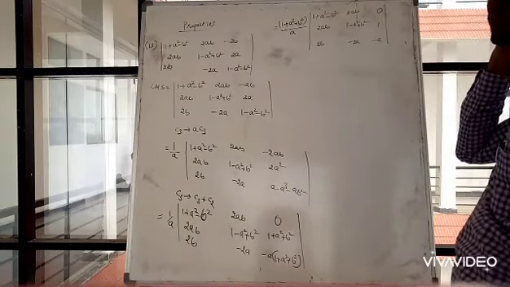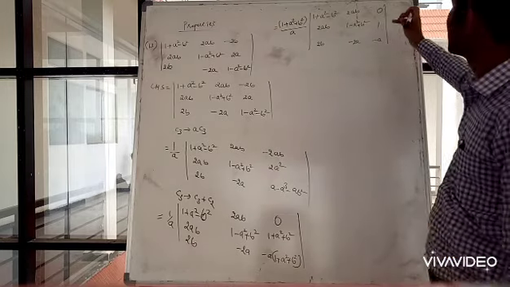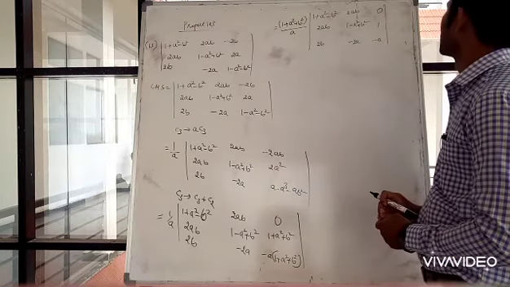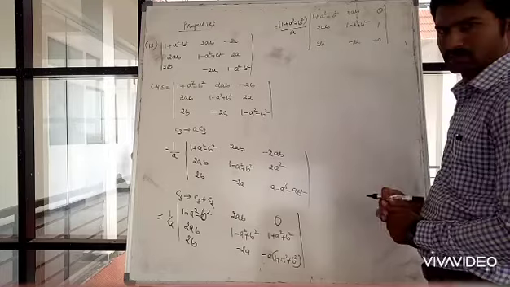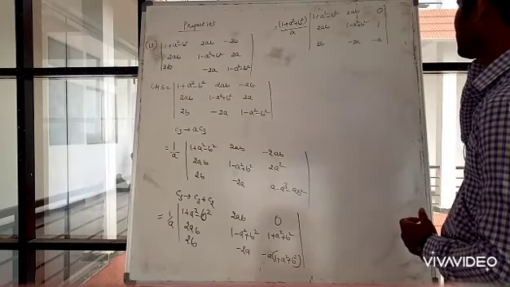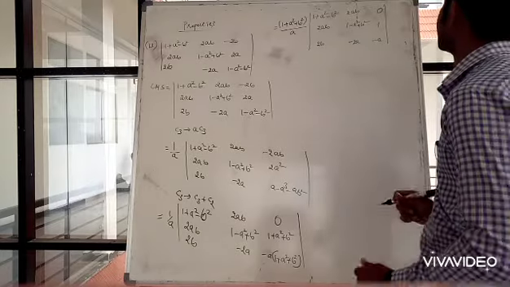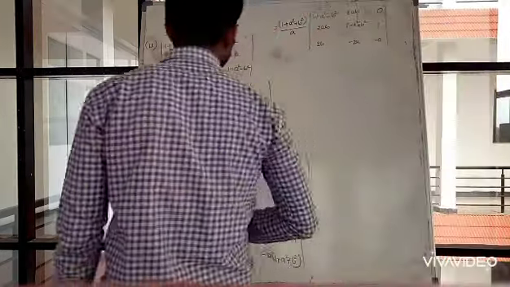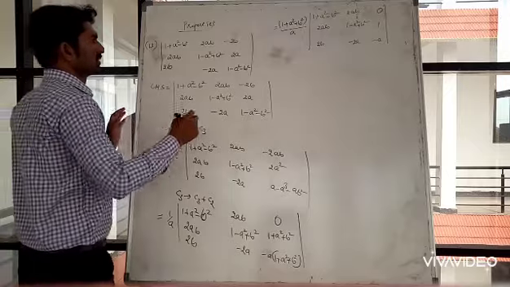Again, you can make this one as 0. To make it as 0, which operation can we apply? Again multiply the second row by a. Multiply the second row by a. What happens?